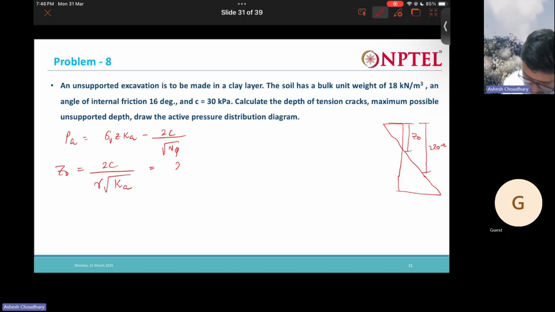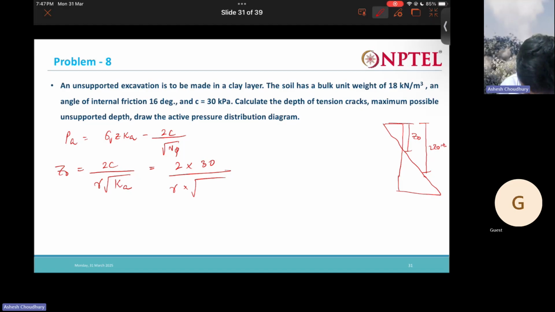Now 2c over gamma root K. Ka you just calculated for 16 degrees in the previous problem, right? 0.568.